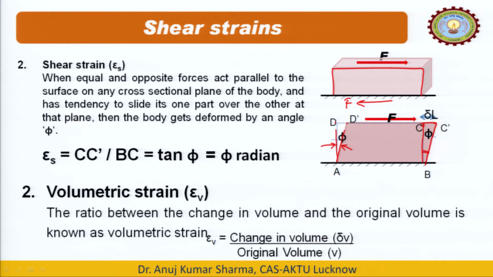Applying tan phi, tan phi is equal to perpendicular upon base. The perpendicular is delta L, or CC dash, and the base is BC. So CC dash upon BC is equal to tan phi. For a very small value of phi, tan phi becomes almost equal to the angle phi.